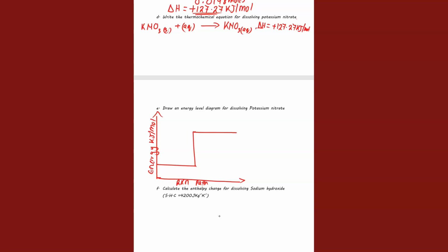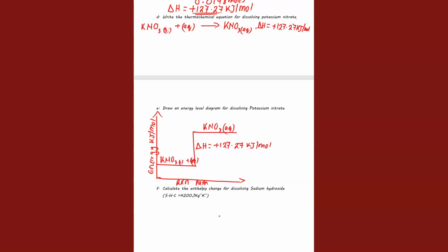And the enthalpy change here is positive 127.27 kilojoules per mole. So the reactants, we have potassium nitrate solid being dissolved to give us potassium nitrate aqueous solution. So that's how our energy level diagram is going to look like.